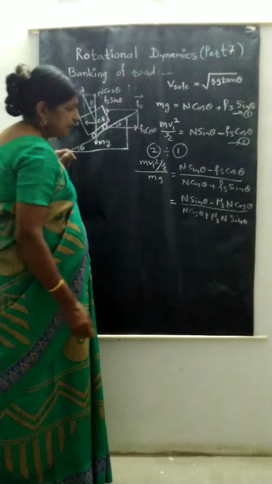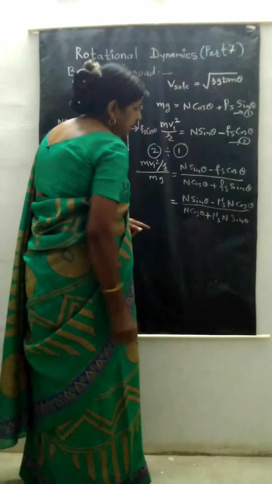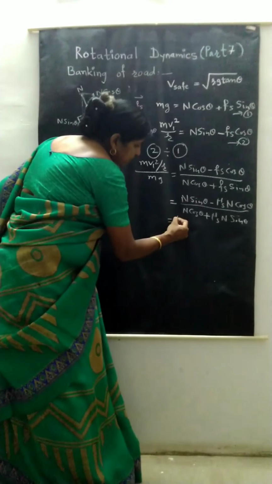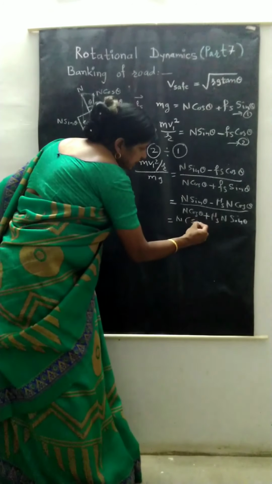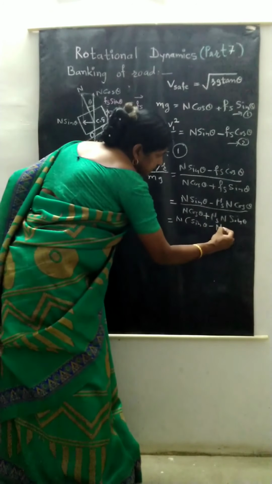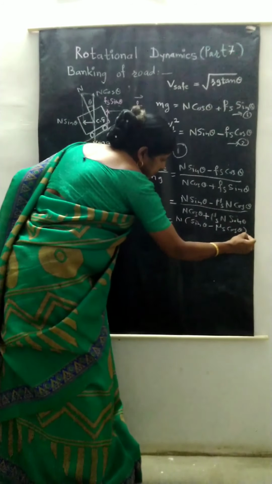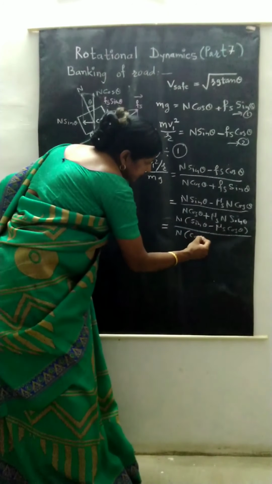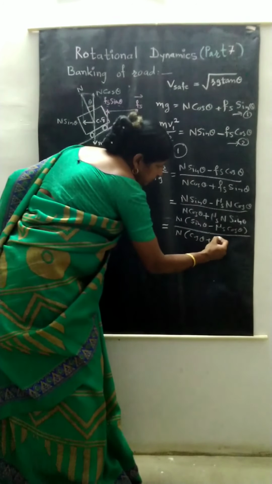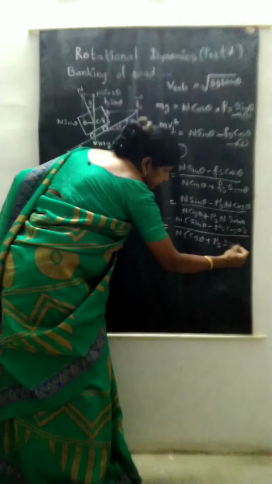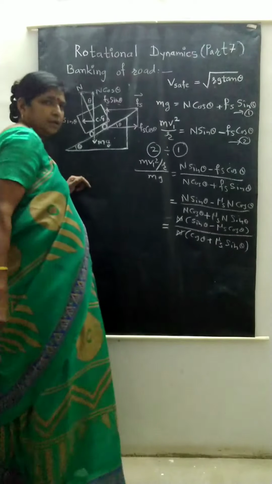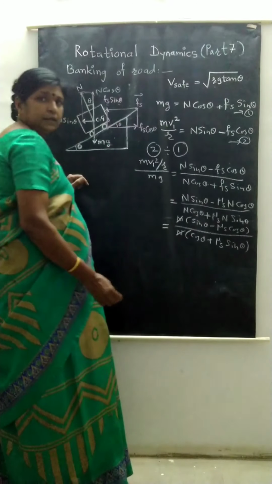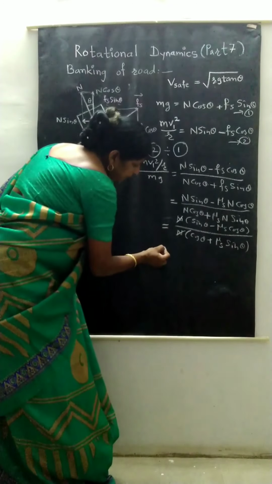Now N is contained in each term on the right hand side. Therefore, let us take N common. In bracket sin theta minus mu s cos theta, divided by N common again, cos theta plus mu s sin theta. So N will cancel with this N. Now let us divide the numerator and denominator on the right hand side by cos theta.